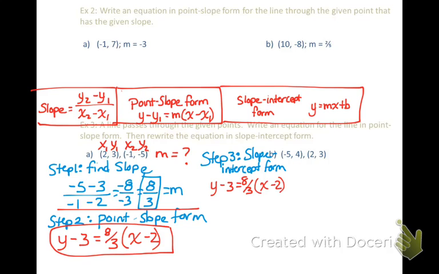But to do that, first of all, I need to distribute 8/3 to both the x and the negative 2. So it's going to be y minus 3 equals 8/3 x minus 16 over 3. Now, I'm going to turn 16 over 3 into a mixed number because it's going to help me later on. So 3 goes into 16 five and 1/3 times. So I'm going to erase the 16 over 3 and make it 5 1/3.